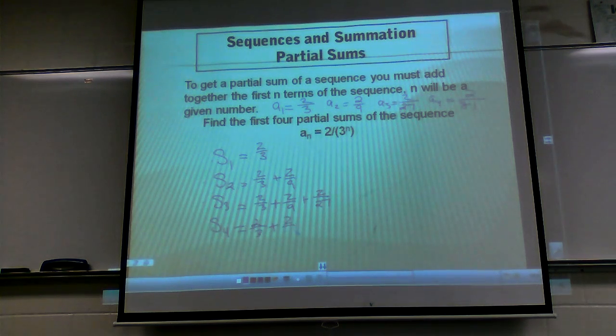It's not asking me to go beyond this. It's just asking me to add these things up. So you literally need to add these up and make sure they are in fraction form, guys. Common denominators. Either that or the calculator, a little fraction button up in the calculator.